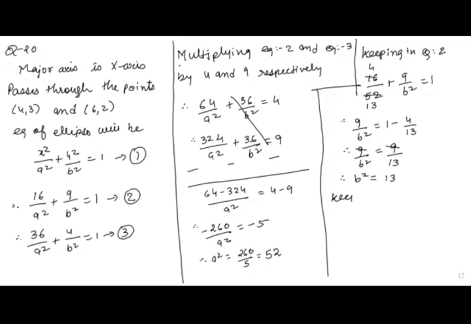Now keeping these in equation 1, x square by a square plus y square by b square is equal to 1. Therefore x square by 52, where a square is 52, plus y square by 13, where b square is 13. This is the equation of the ellipse.